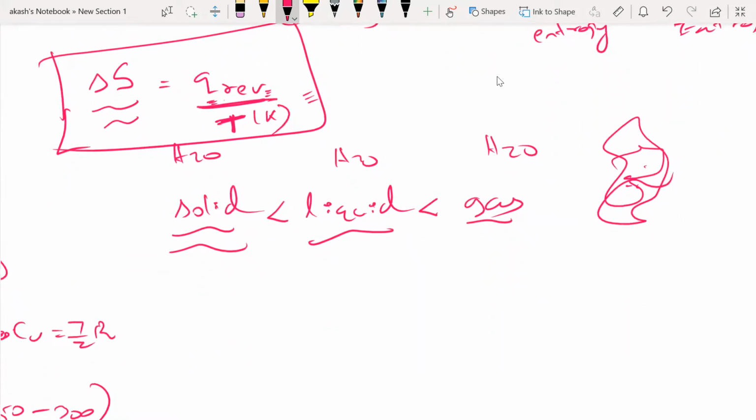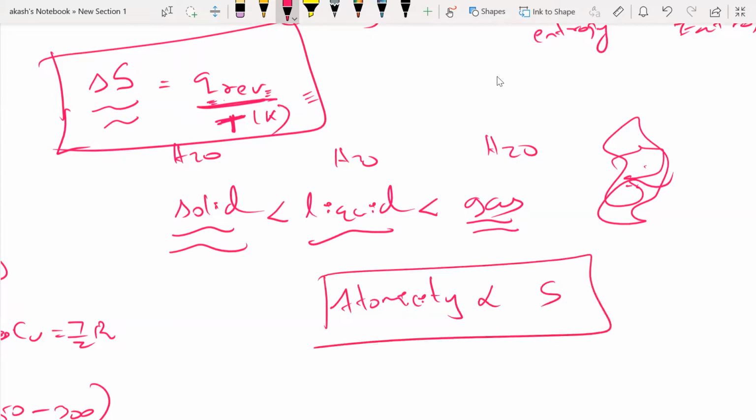Now, if I talk about different gases, generally we can say the atomicity of the gas is directly proportional to the entropy value. Why? In a monoatomic gas, only translational motion is possible. But in a diatomic gas, translation as well as rotation is possible. In a polyatomic gas, translation, rotation, and vibrational motions are possible.